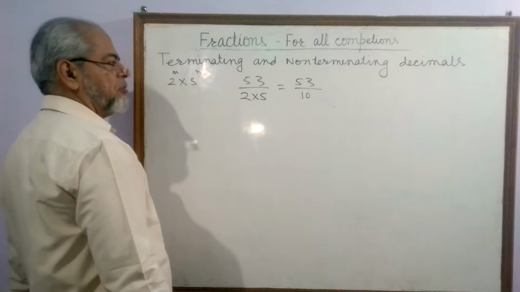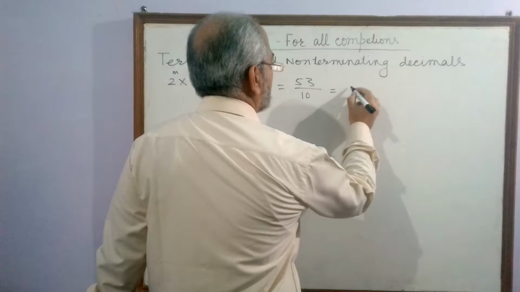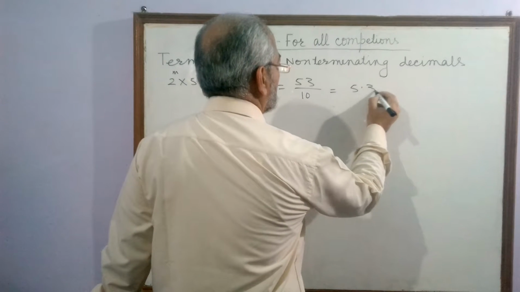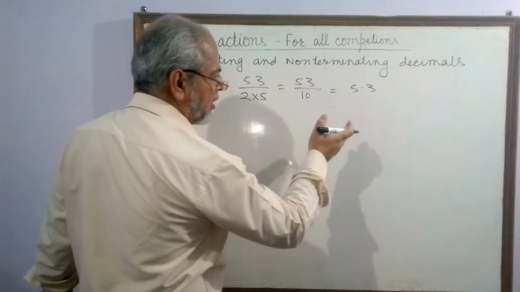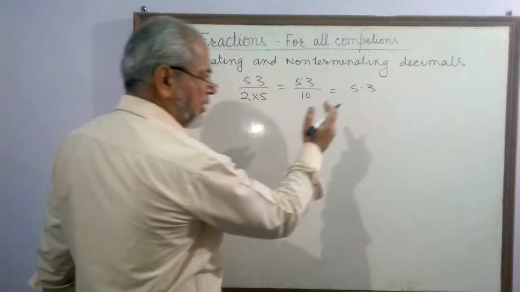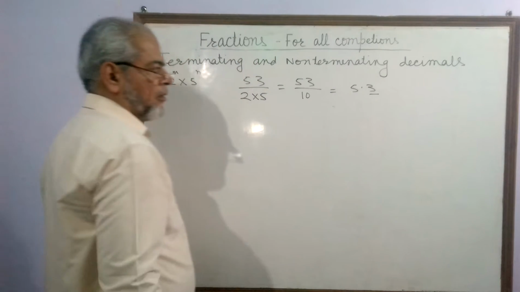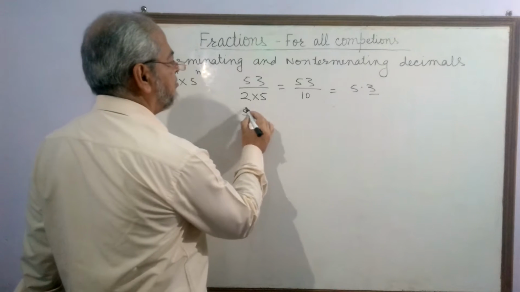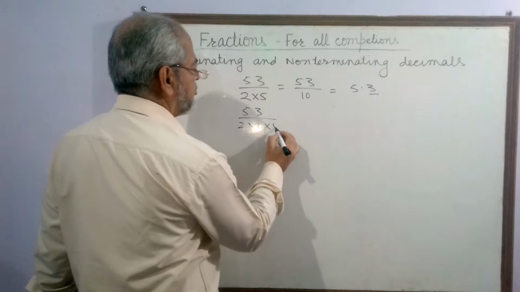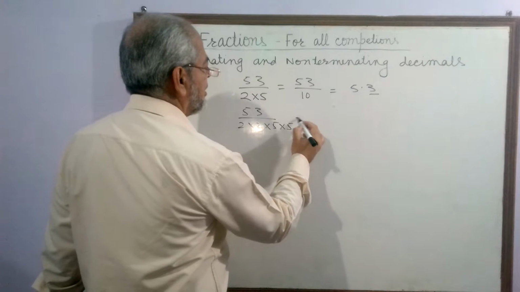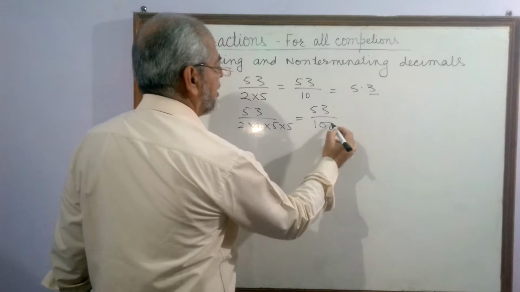And when you divide any number by 10, it will be in this form. That means one point will be inserted after first place from the right. And if you divide 53 by 2 into 2 into 5 into 5, this will be 53 divided by 100.